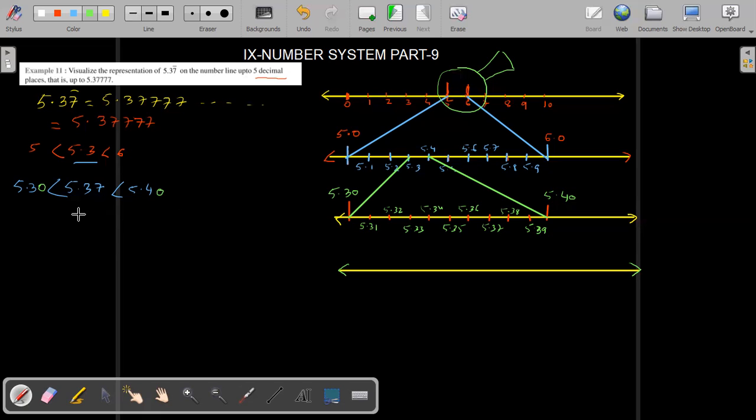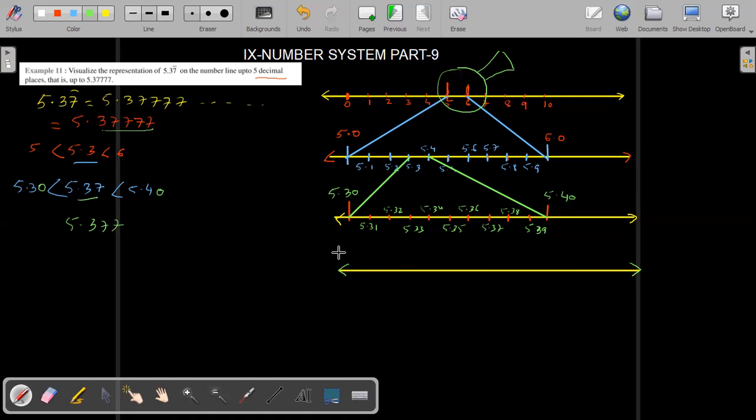So we will draw the line till we reach 5.37777 up to 5 digits. We reached up to 2 decimal places. Now 5.37. We have got 5.377, 5.377 we need. So 5.37 is between 5.37 and 5.38.